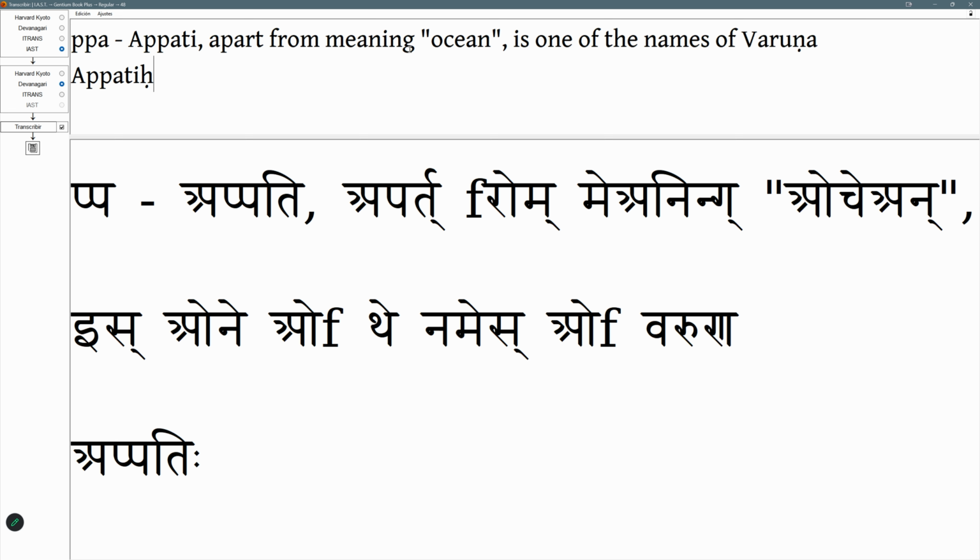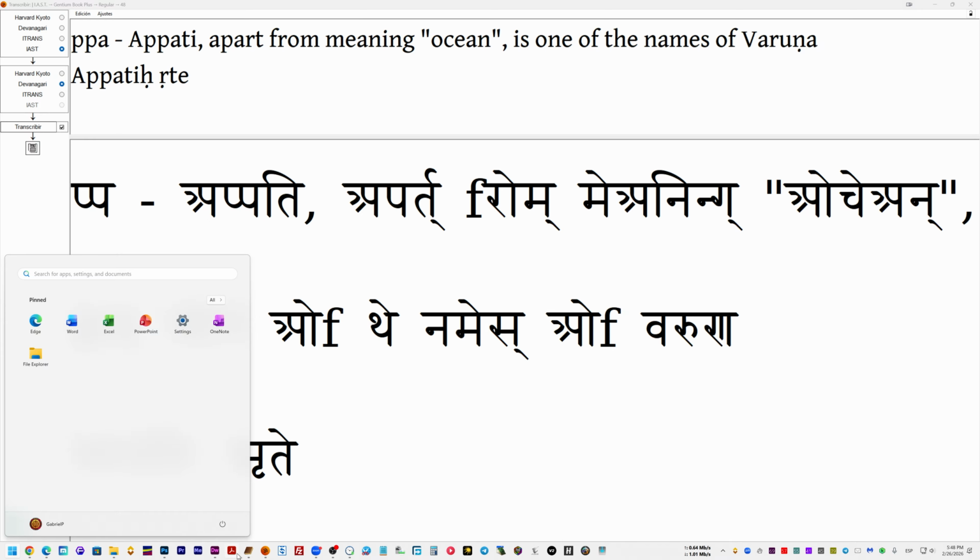Apart from meaning, how to say apart? Apart is rite, and the word from meaning is in ablative case. In Russian, they don't have ablative, they use the genitive. It's in ablative case. Why?